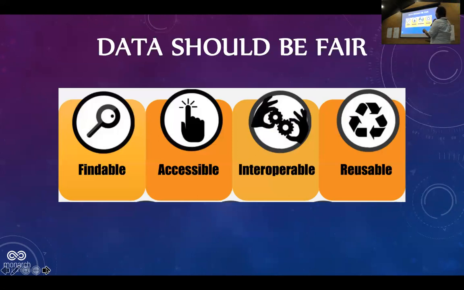So data should be FAIR: findable, accessible, interoperable and reusable, basically meaning that it should go into a place that is publicly accessible, or at the very least that can be found and then you can easily log in. You should serve your data, so it should have good identifiers in order to be findable and accessible. It should be connected, like I was saying, connected data is more powerful, and you should be able to reuse this data. But it's very hard to get all the way to FAIR.